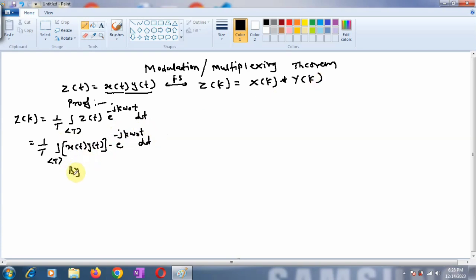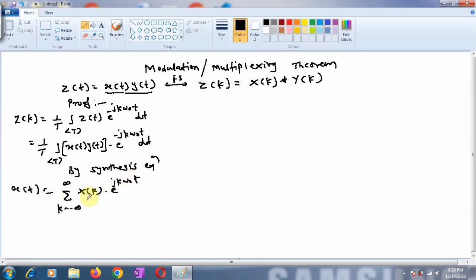But by the synthesis equation, we have x of t is equal to summation k is equal to minus infinity to infinity x of k into e raised to j k omega 0 t.